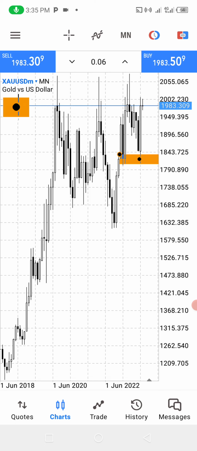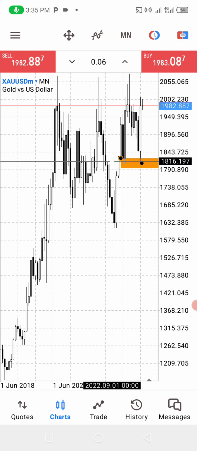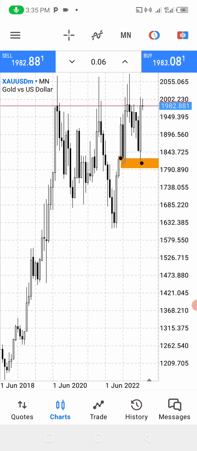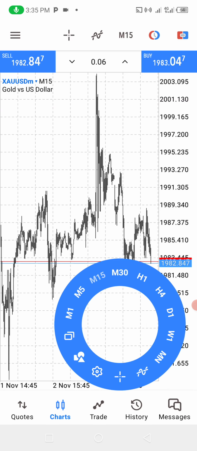You can see that this is a very strong demand zone, because immediately price reached there, we experienced a massive buy all the way to this price. So when price taps into this demand zone, we expect another buy.